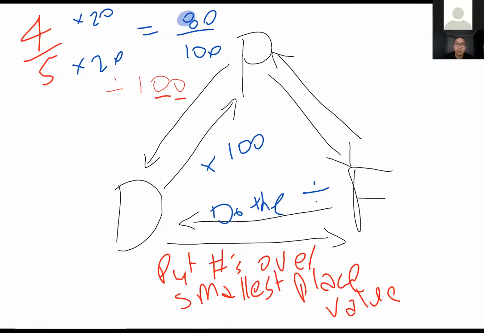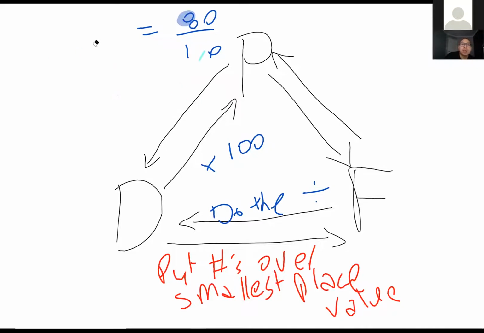Now, so we've done how do you go from decimal to percentage to decimal. Last little piece we need to do is how do we go from a percentage to a fraction and a fraction to a percentage. Percentage to a fraction is really easy.